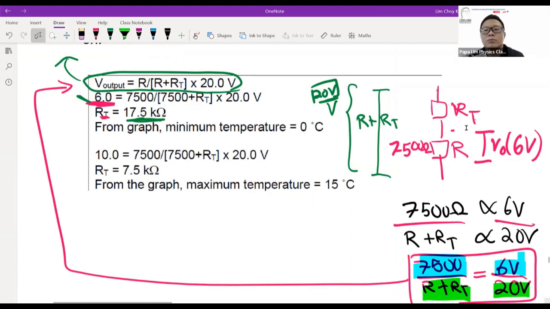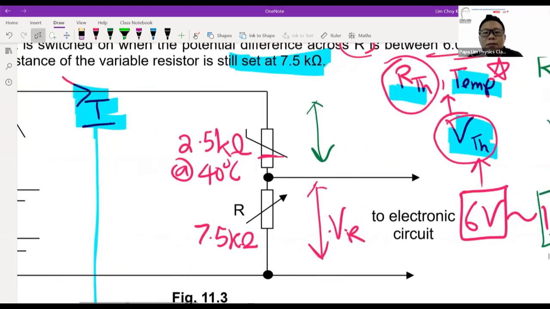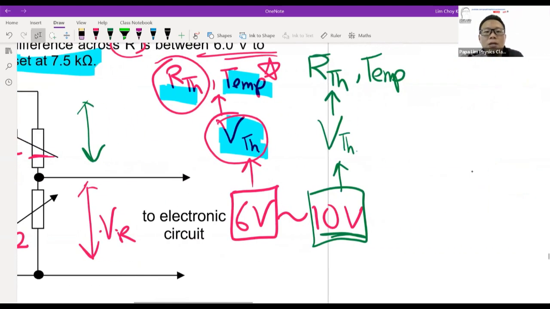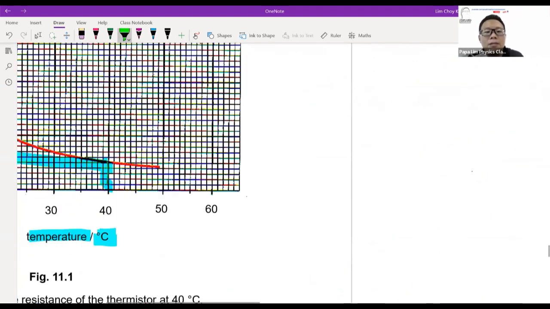So we go back to 17.5 now. I have located my thermistor resistance to be 17.5 kilo ohms. Like I mentioned before, once I identify the resistance RTH, I can identify the temperature because of the graph given to me at the beginning.